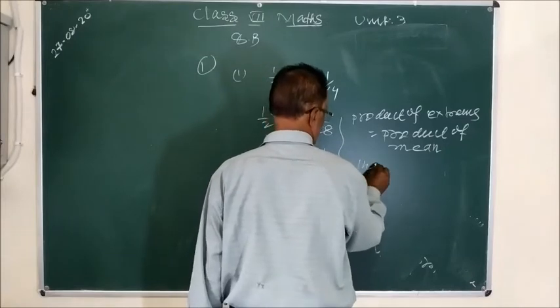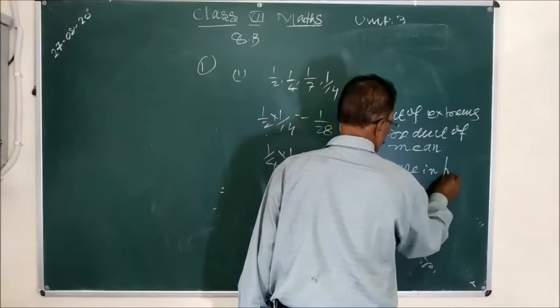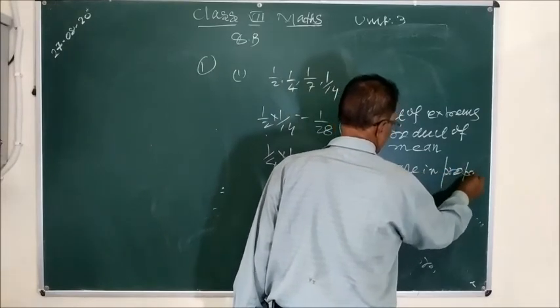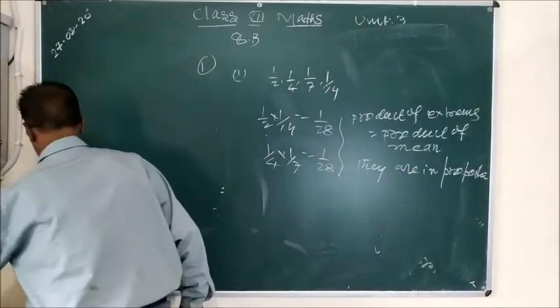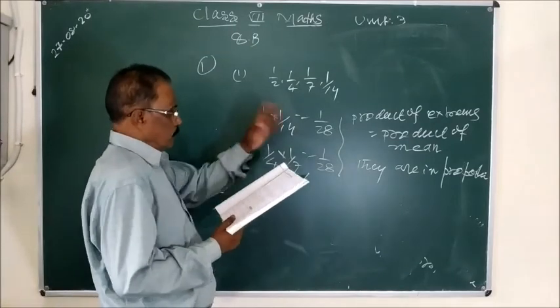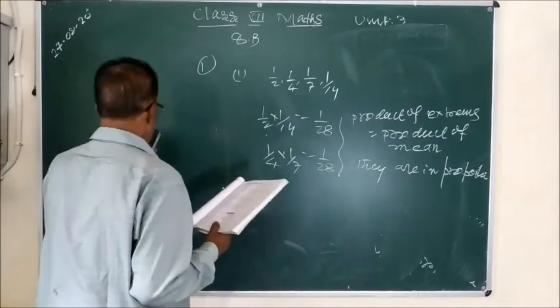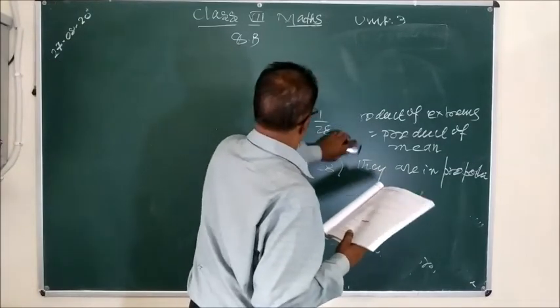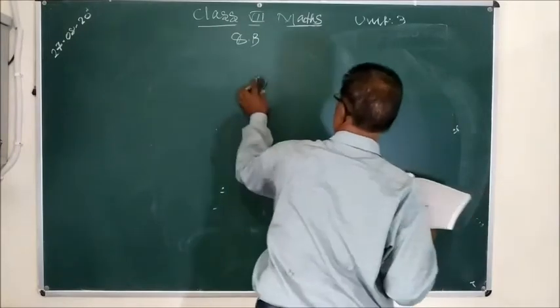This means they are in proportion. Understand? So this is question number 1, and the remaining questions you can solve. This is the first type of question. You have to find whether they are in proportion or not in four questions. Second, I will explain only one question of the same type, and then you have to solve the rest yourself.